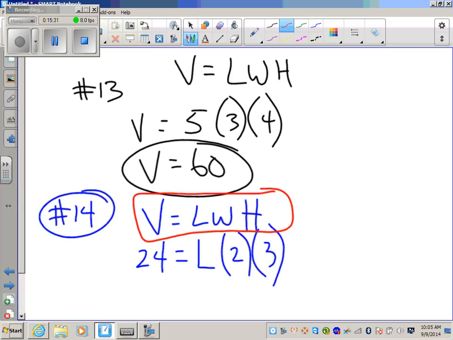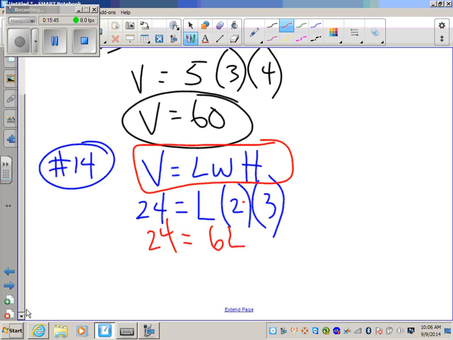Yes, what am I going to do? Can I go 2 times 3? Sure, what do I get? 6. Now it's 6L, right? To get L by itself, I'm going to do what? Divide both sides by 6. L equals 4. Does it work?